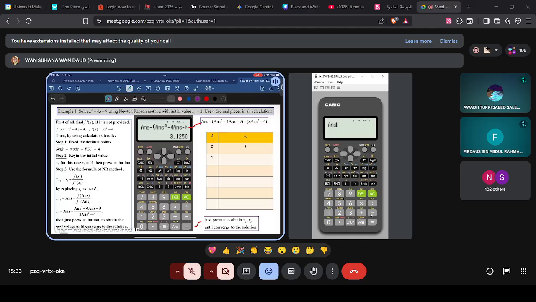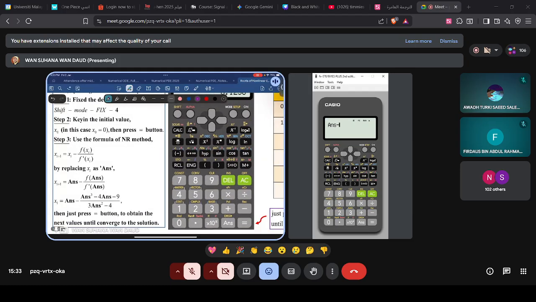Ans minus. This is the formula: x(i+1) equal to x(i) minus f(x(i)) over f prime(x(i)). So we replace the x(i) with ans. So ans minus f(ans) over f prime(ans). In this case, just press ans minus.